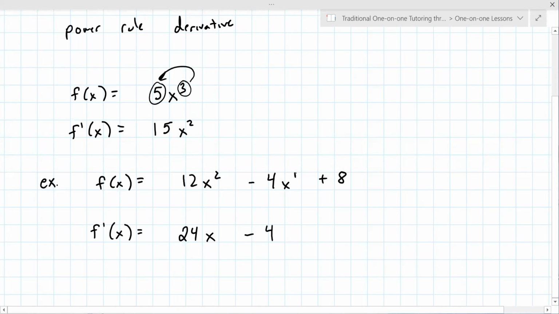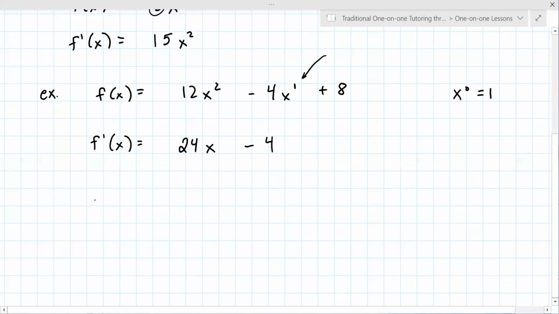There's a power of 1 there. We talked about that last time. So it becomes x to the 0 power, but x to the 0 power is 1. That's why you don't even write anything here. Plus 0, and you don't have to write anything with that. Great.